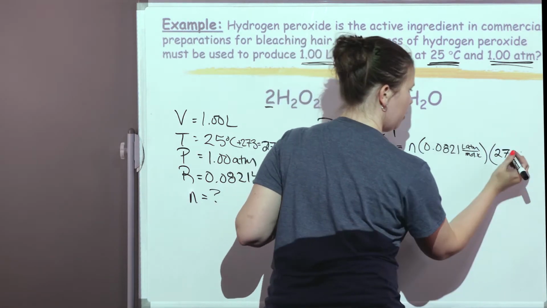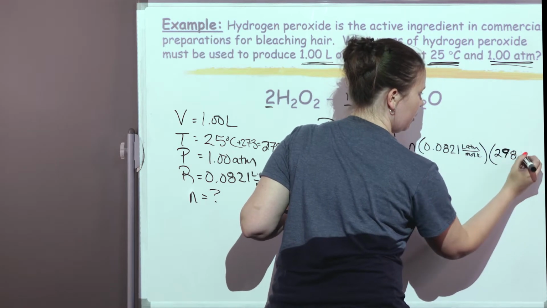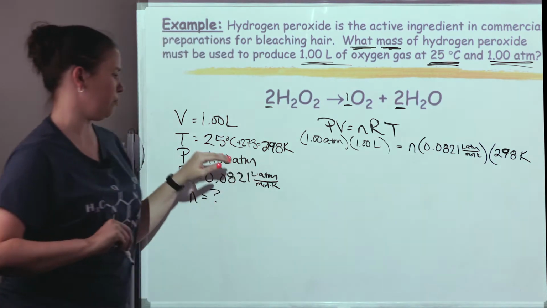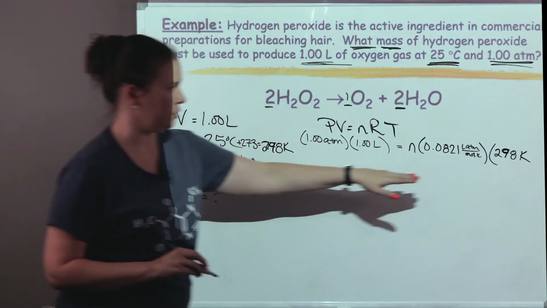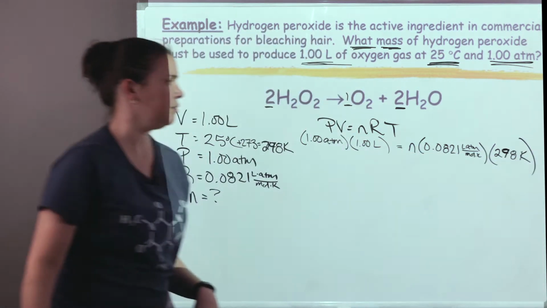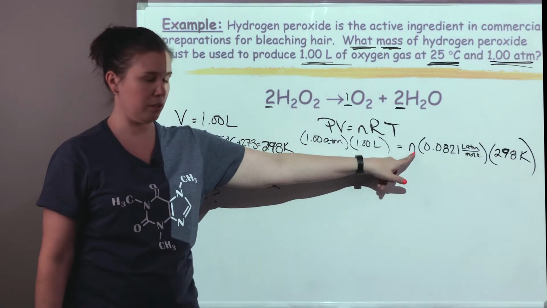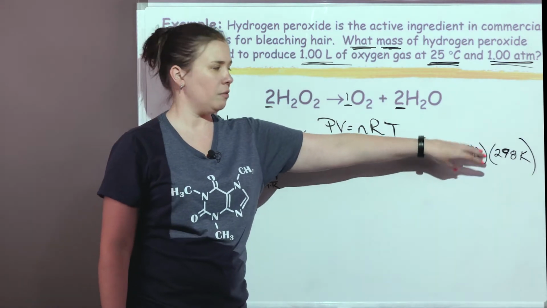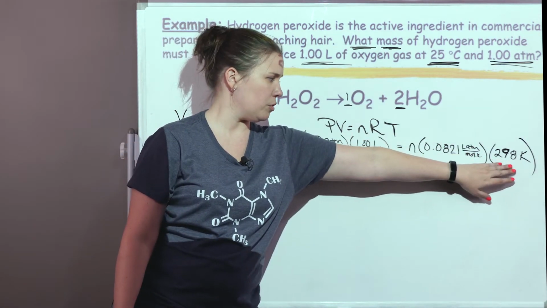Not 278, 298. Wow. 298 Kelvin. Sorry about that. Standard temperature for thermo, actually. 298 Kelvin. I'm going to plug that in on the side. So what I can solve for now is my number of moles. Using 1 atm and 1 liter and dividing by the big gas constant and our temperature in Kelvin.